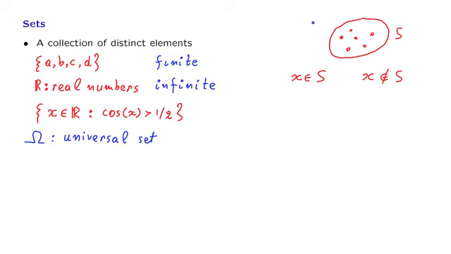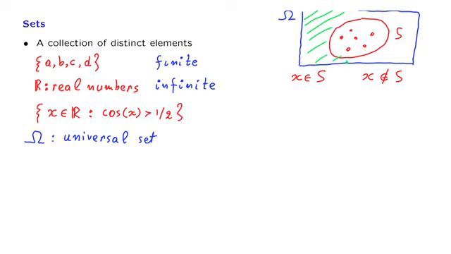So having fixed a universal set, we will only consider smaller sets that lie inside that big universal set.